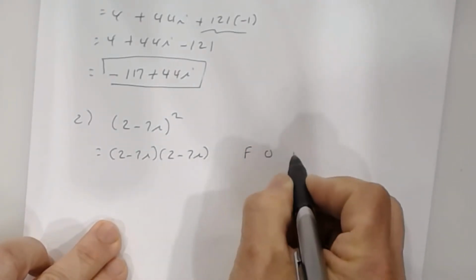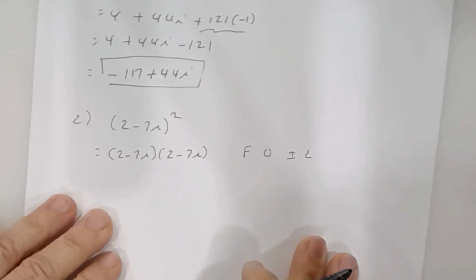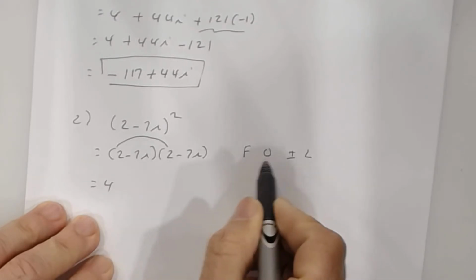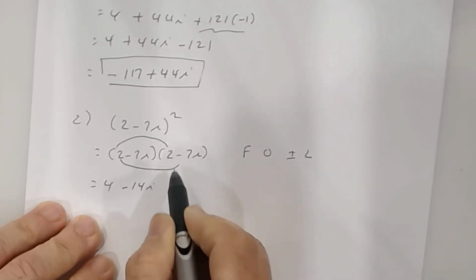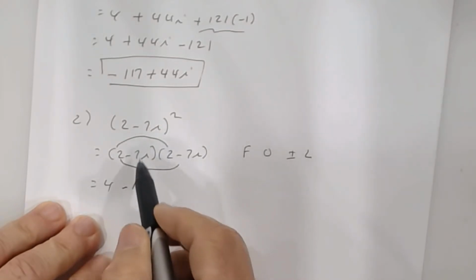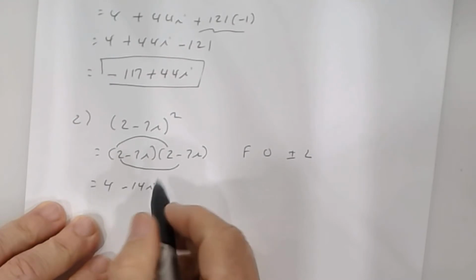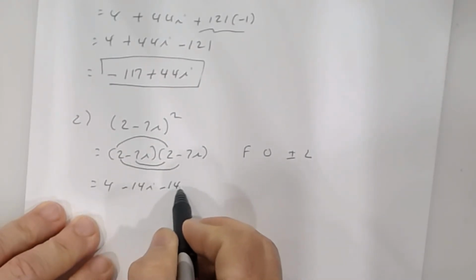So when you use FOIL, just like you did last semester, what's 2 times 2? 4. Okay, what's the outer? All right, now since I'm squaring a binomial, the outer and the inner better be the same term. And they are. What's the inner? -14i.